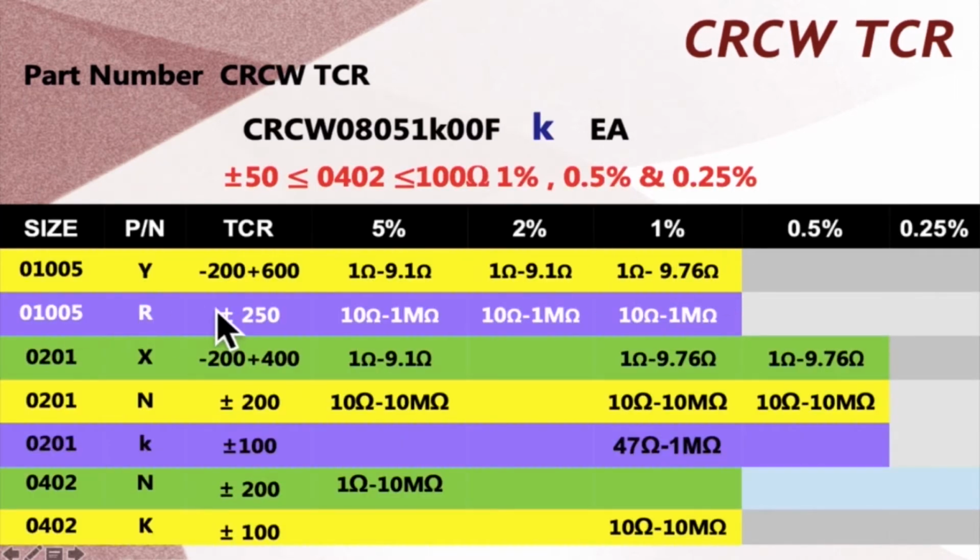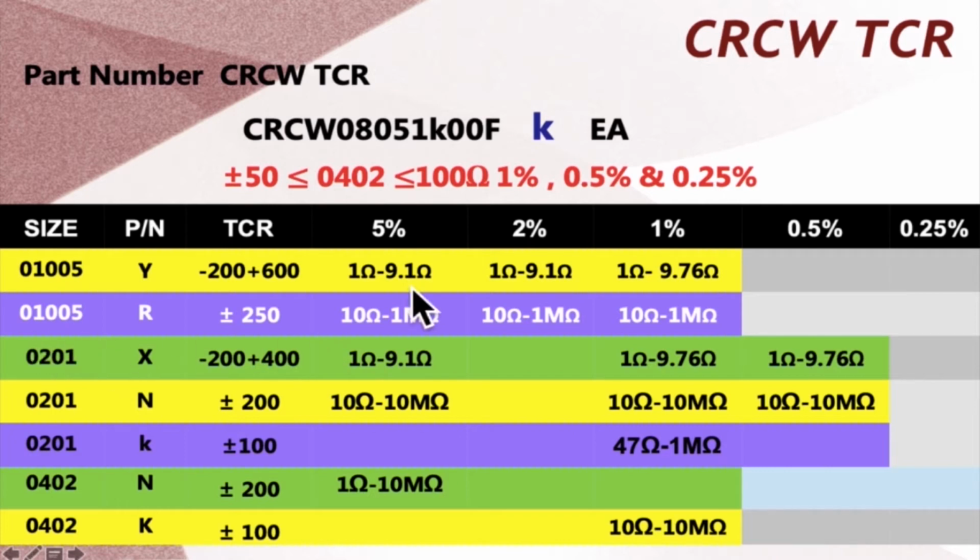I made a table specific to show you the difference between resistance, tolerance, and the TCR that you will choose. It's very important that plus or minus 50, which is good, will be for size bigger or equal to 0402 and equal or bigger than 100 ohms in 1%, 0.5%, and 0.25%.